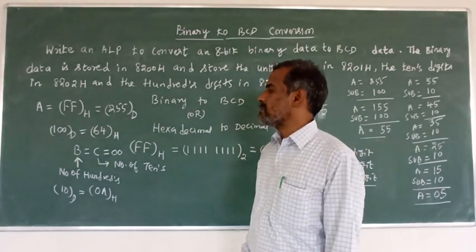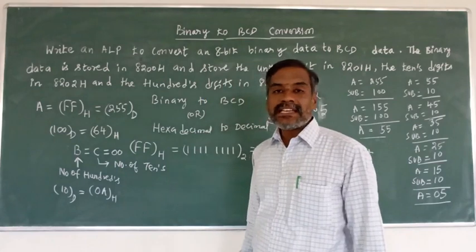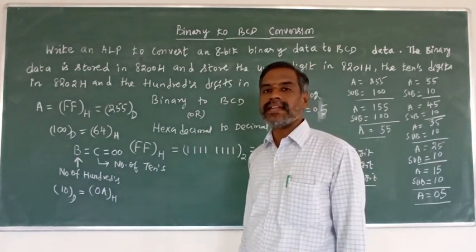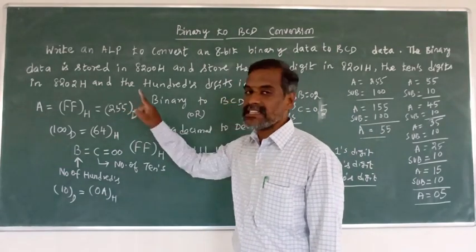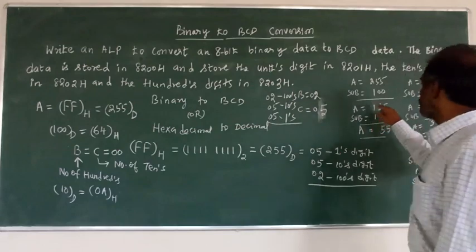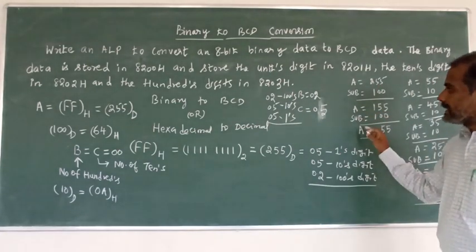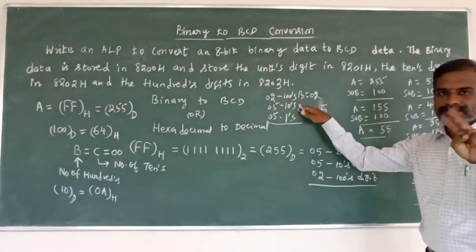After that, compare the given data with 100. The given data is compared with 100, above 100 or below 100. Above 100 means we have to subtract 100. For this logic, the hundreds register is incremented 2 times.